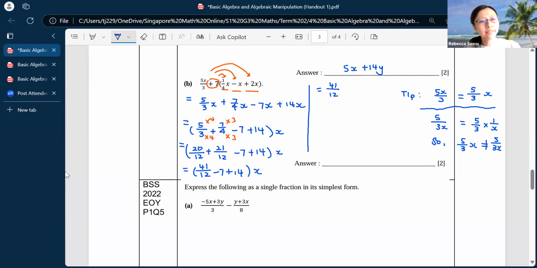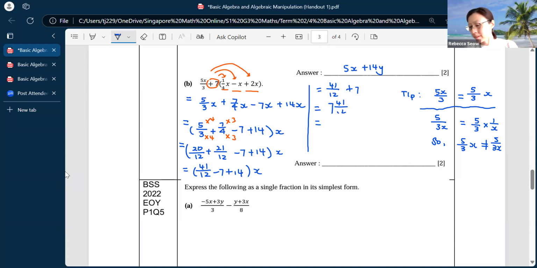Now, when we have a negative 7 and we add 14, we will end up with positive 7. So what I'm going to do is just plus a 7 here by combining negative 7 plus 14. And from here, I will get 7 wholes, 41 out of 12.